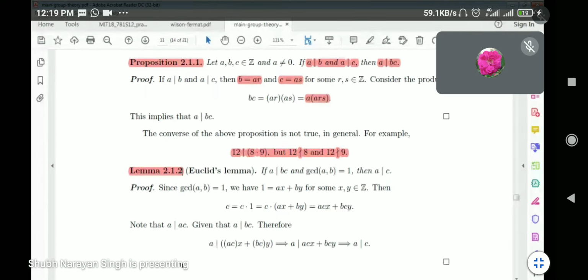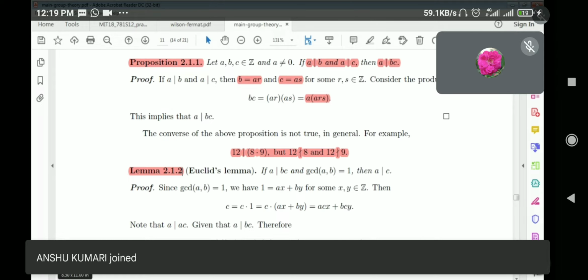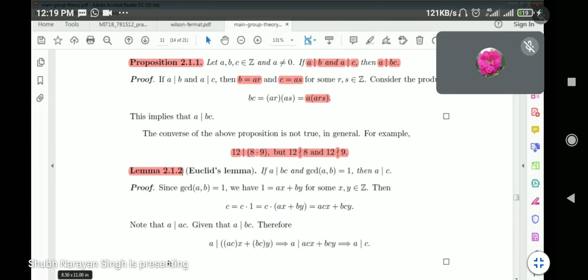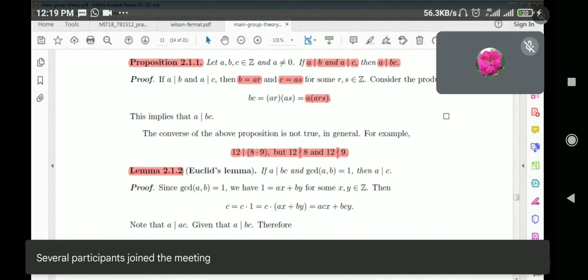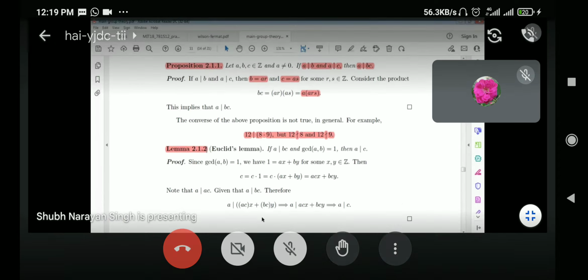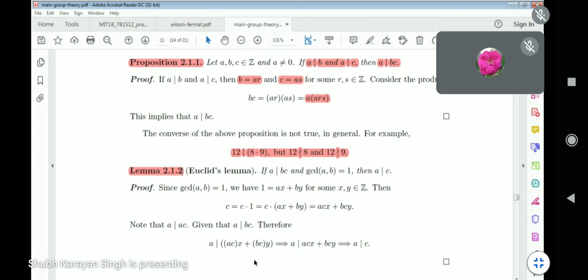So see how this lemma is structured. Suppose we have three integers A, B, C, where A is non-zero, and another information is given that if A divides the product of B and C with another condition, that GCD of A and B is 1, that means A and B are relatively prime.